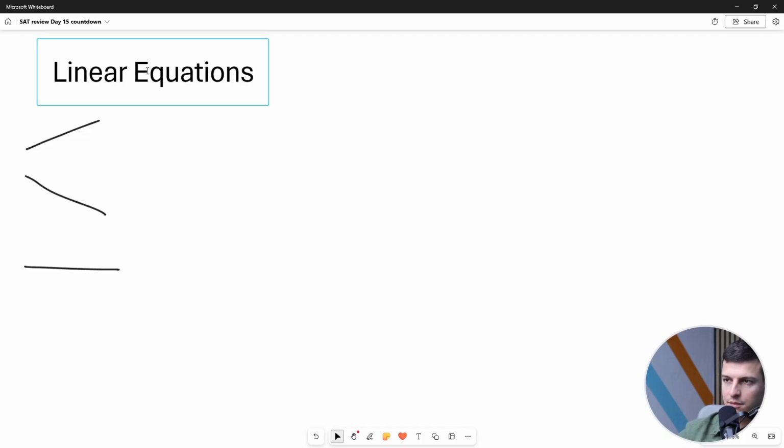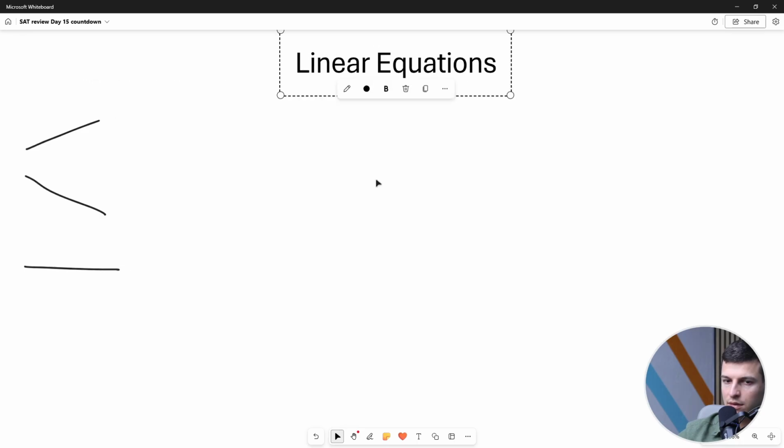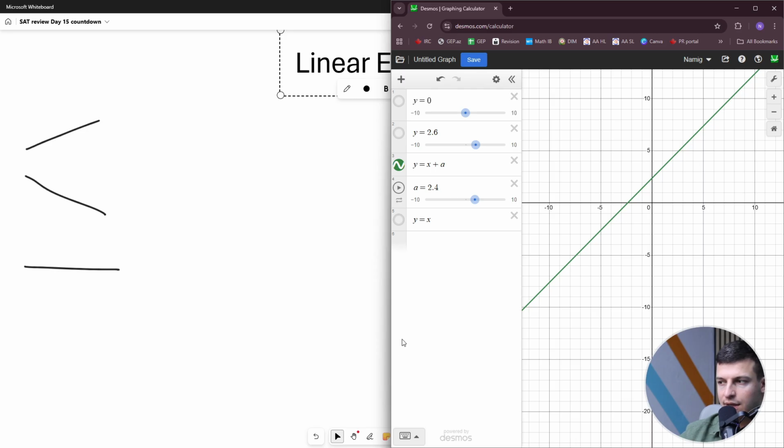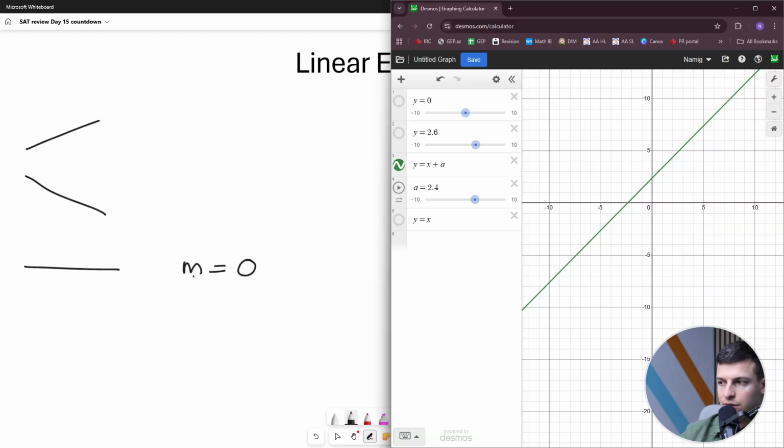Okay, let me move this one here. Let's see in what cases they are. We kind of saw when it's horizontal. Actually we can now probably say that when m is equal to 0, meaning the slope is 0, it's a horizontal line. How do we know?